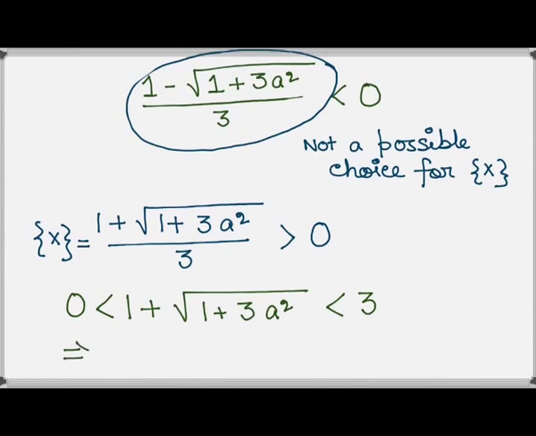So from here we get that minus 1 is strictly less than square root of 1 plus 3a square, and this is strictly less than 2.